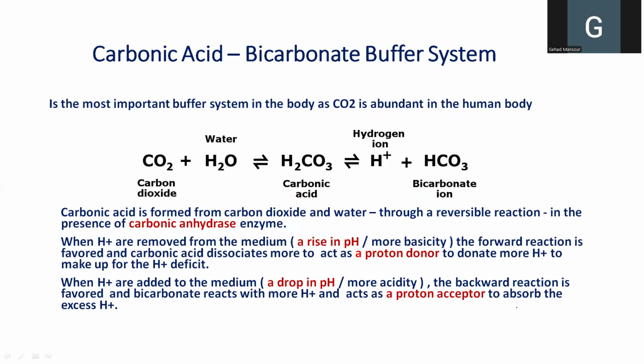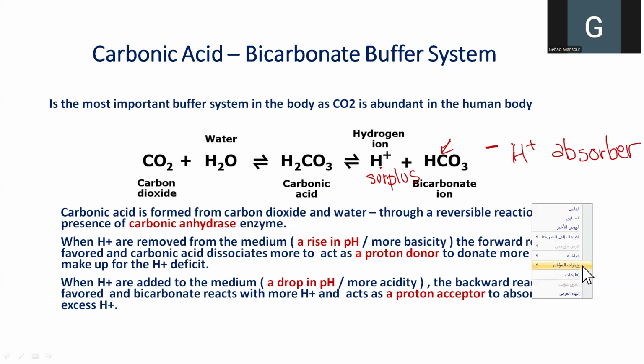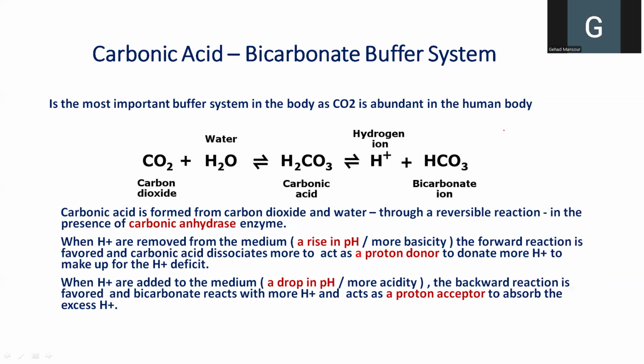In such a case, we said that the bicarbonate ion, which united with the surplus protons, we call a proton absorber because it helped you get rid of the hydrogen.